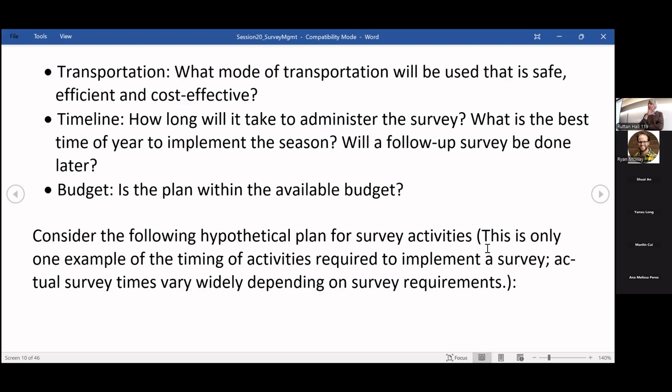Sometimes you may have to implement the survey at a certain time of the year. Like if I'm doing education stuff, I need to do it when the schools are in session. If you're doing agriculture, you may want to do it at times when the farmers are not so busy, have time to talk to you. And then you need to see whether your plan is actually affordable given the budget you have. Okay, so I'll skip that hypothetical thing there.